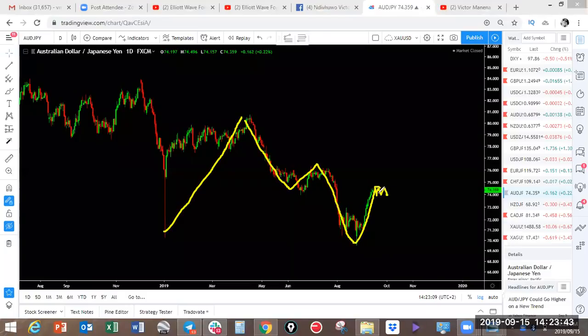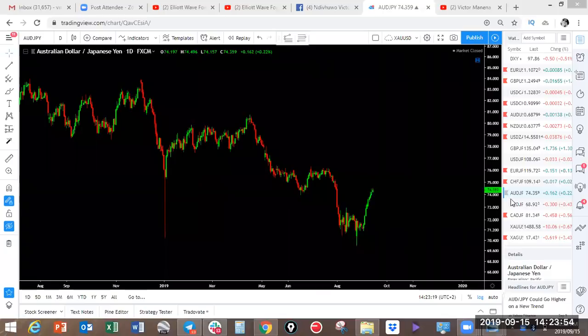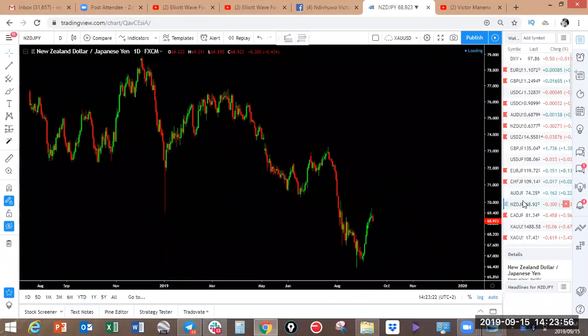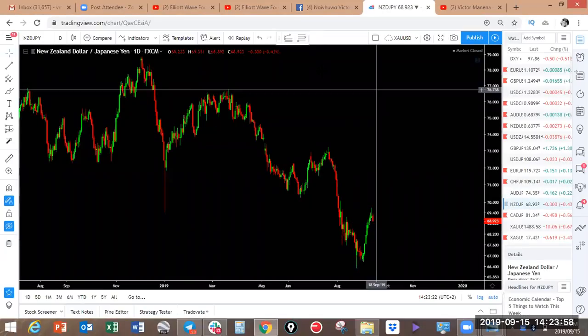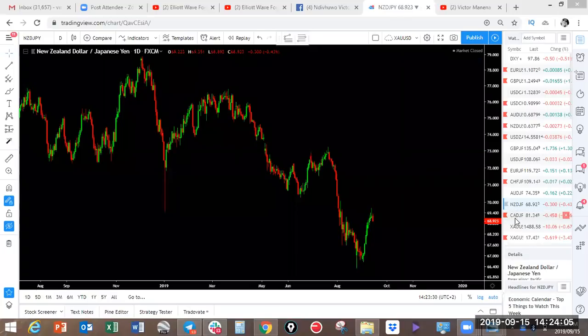All you do is keep buying, and we want this to go and retest the top there. Easy. That's what you want on Aussie yen. And you've got a pulsing move here. The analysis is simple. You just wait for pullbacks. New Zealand, you also have a pulsing move. Also, they're trying to make it look like it's reversing. It is not reversing. You're going to get a correction. You're going to keep going up. That is New Zealand US dollar.